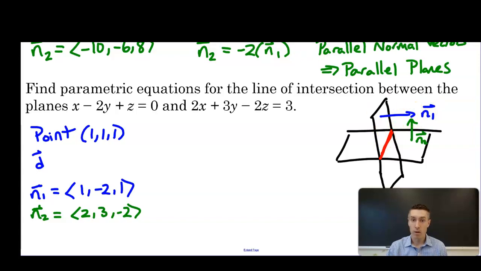So how are we going to create some vector that's parallel to the line? Well, if I move the vector, because vectors aren't fixed, that direction vector, if I put it right there, looks like the cross product of the two normal vectors. So if we cross n1 and n2, we will get the direction vector.